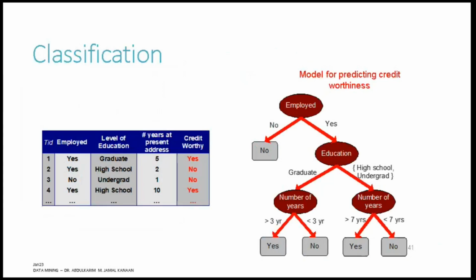So classification and regression, firstly, they are predictive tasks, two types of predictive tasks. The difference is that in classification, you are trying to predict text value or categorical value. So if we take this example, creditworthy, the answers for this label or this column are yes and no, right?